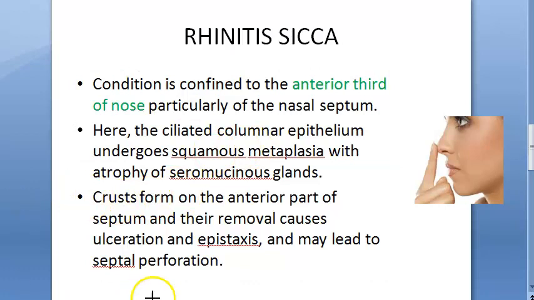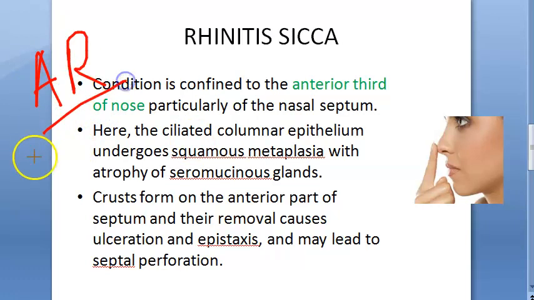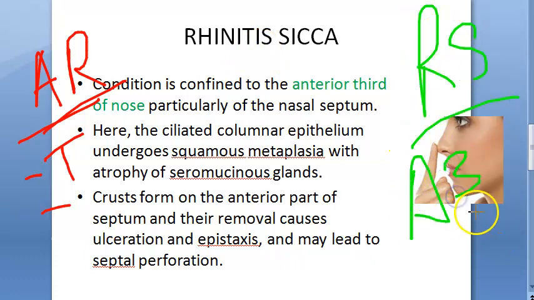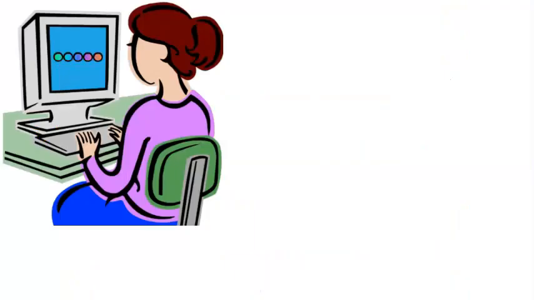If you remember, in atrophic rhinitis, the arteries, the nerves, the nasal mucosa, the turbinates, everything was affected. But in Rhinitis Sicca, the anterior third of the nose is affected, particularly the nasal septum.